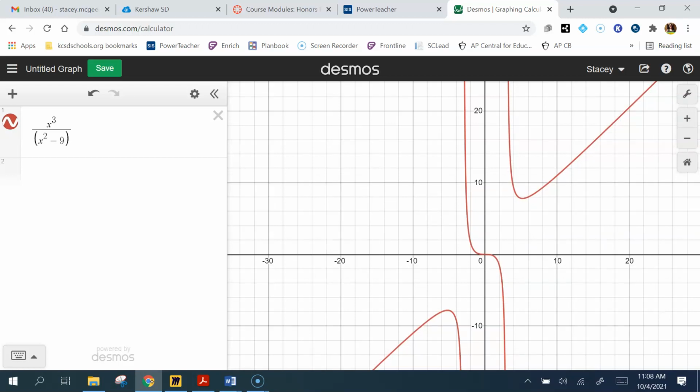I've got vertical. Asymptotes can bound just a piece of the graph. It doesn't have to bound the whole thing. So the vertical asymptotes are bounding these middle pieces, right? And the slant asymptote, do you see it? It slants there.